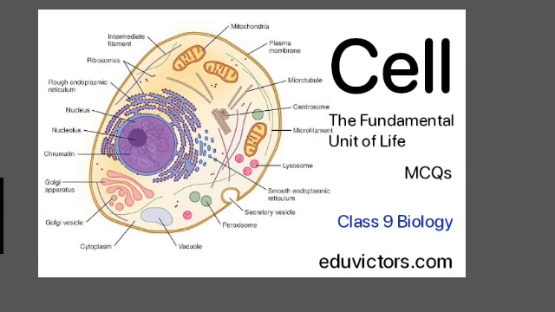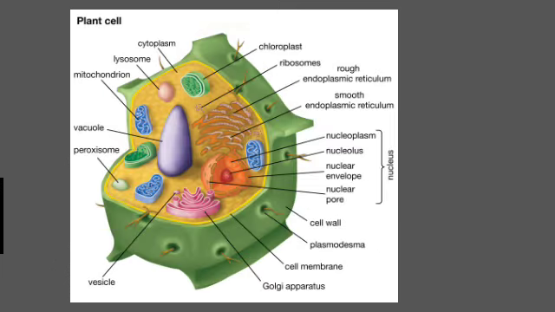The important invention of magnifying lenses led to the discovery of the microscopic world. It is now known that a single cell may constitute a whole organism, as in amoeba, paramecium, chlamydomonas, and bacteria.